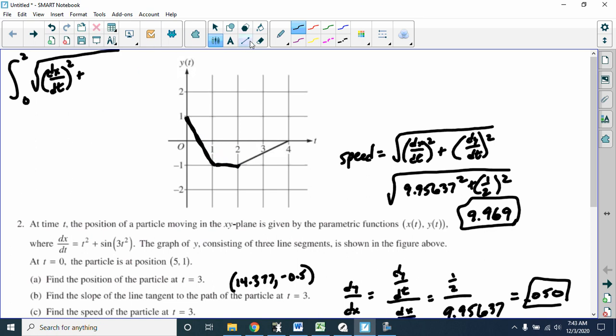So we're actually going to have to split this up into two separate integrals. We are going to do the square root of dx/dt squared plus dy/dt squared from 0 to 1. From 0 to 1, dy/dt is the slope of this line, which is -2.